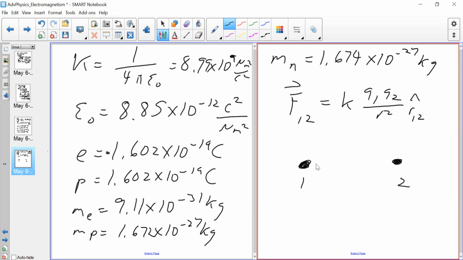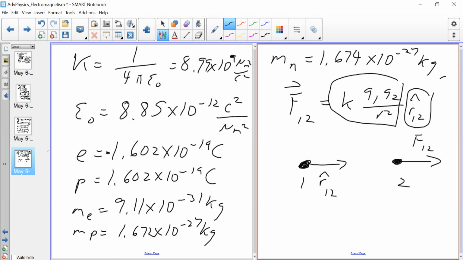The force of 1 on 2, the force that 1 exerts on 2, is along this direction, denoted by this unit vector r12, because this is the distance from 1 to 2. So this is the force, the magnitude and the direction. You can write that as positive, or write it in unit vector notation.